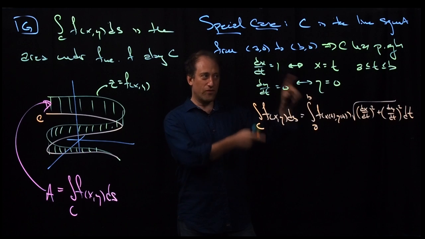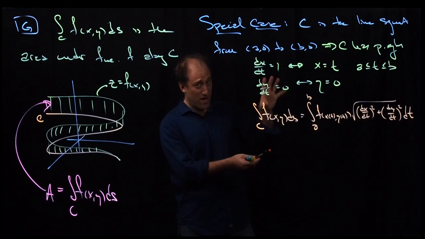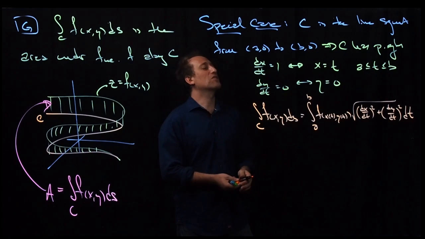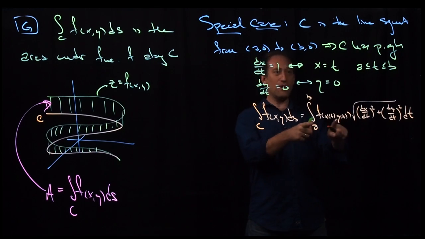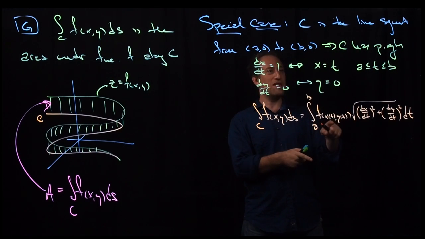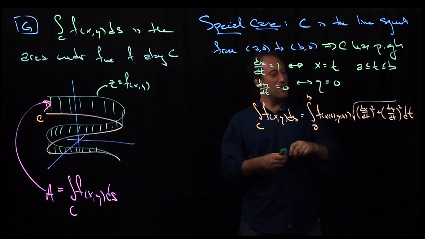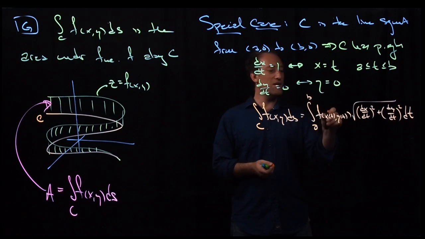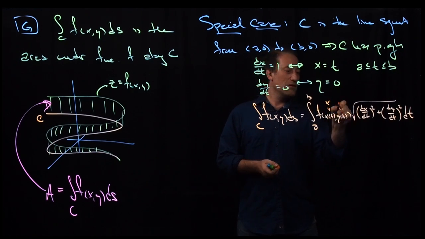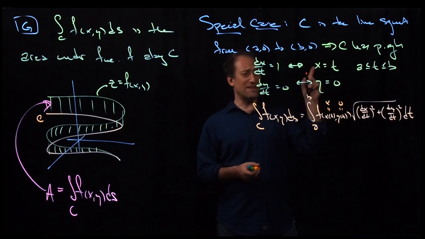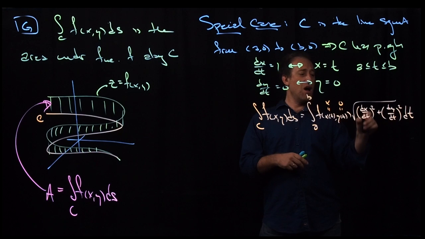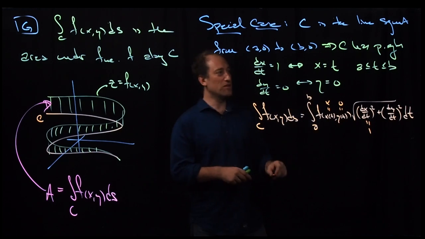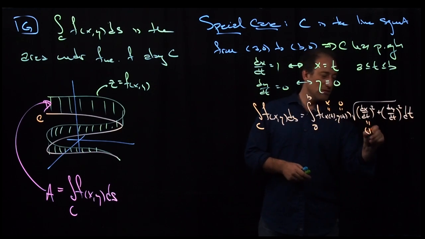So it's my sort of first instance of parametrizing, granted an awfully simple curve. In this case, x will just be the same thing as x of t. y will be 0. dx dt is just simply 1, so it'll be 1 squared.